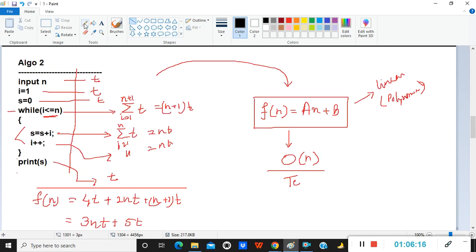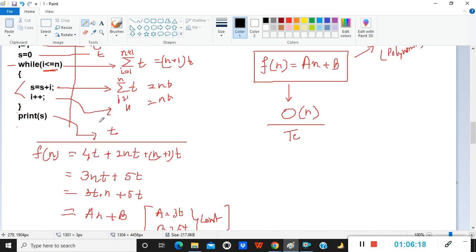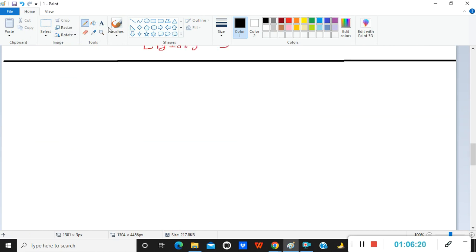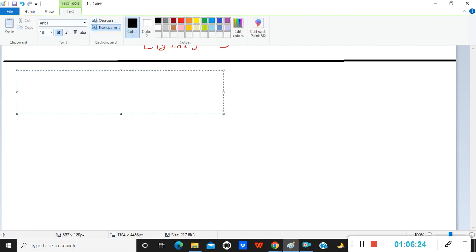Anyway, the next type of algorithm, quickly, we are running out of time. Algorithm 3, right? How far can we go today? We can go till maybe 10 or 10:05. Can we finish the other type of algorithm? No problem.